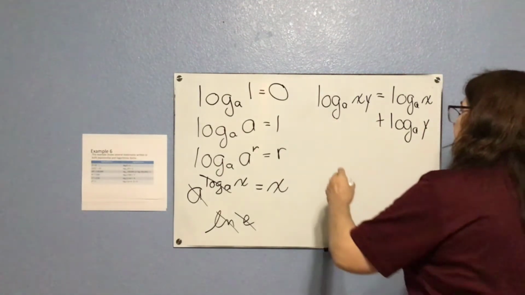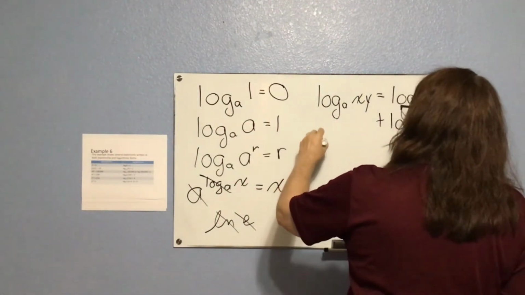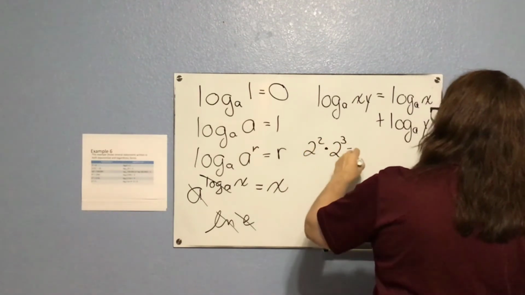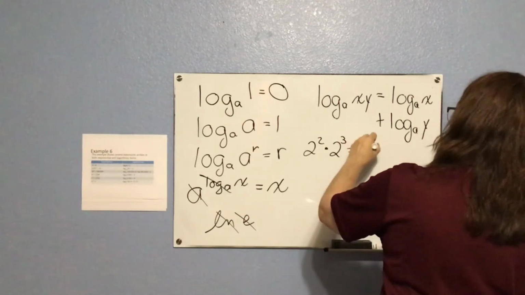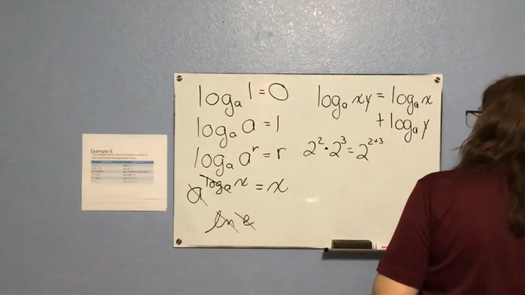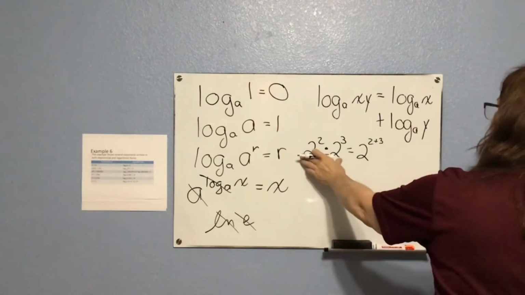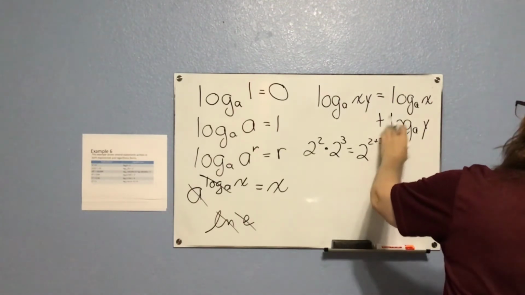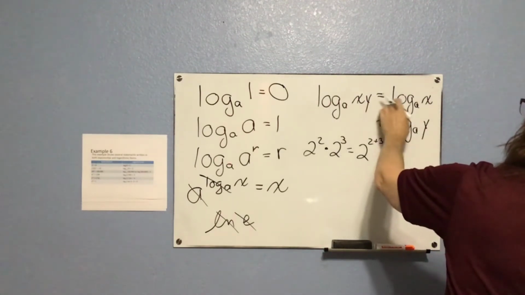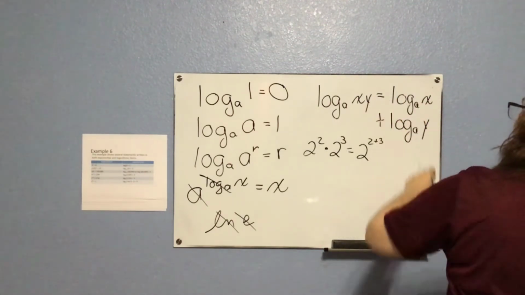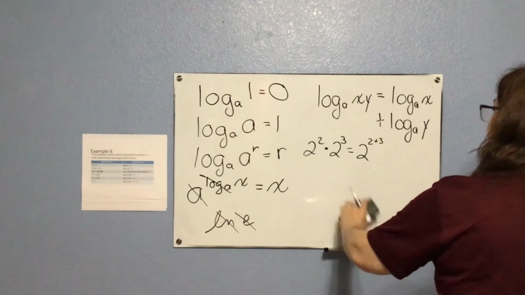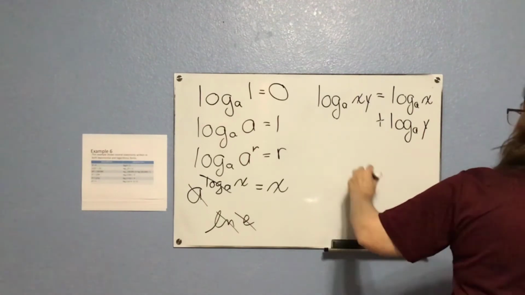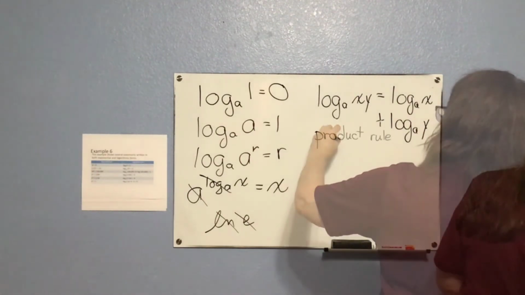And just like when we have 2 squared times 2 to the 3rd, we make that 2 to the 2 plus 3. So when I combine these, I add the exponents. So when these are already combined, I've added the exponents. Remember that a logarithm is an exponent. Okay, we call this the product rule.